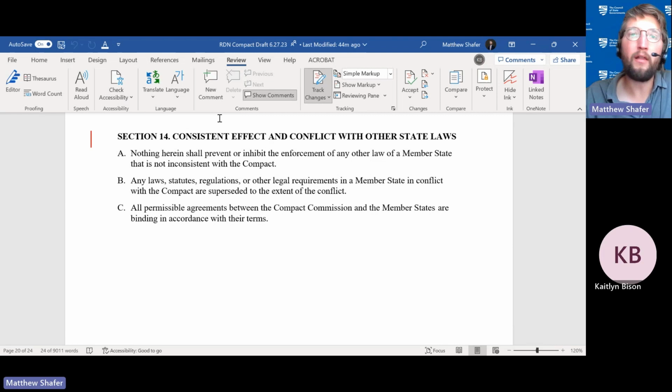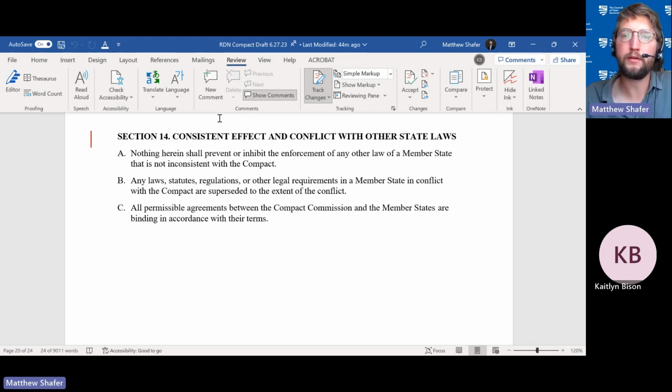A lot of people get worried about this language because anytime you talk about a state's laws being superseded, the alarm bells start ringing. State sovereignty issues are raised, but the compact is just an alternative, optional pathway to practice.